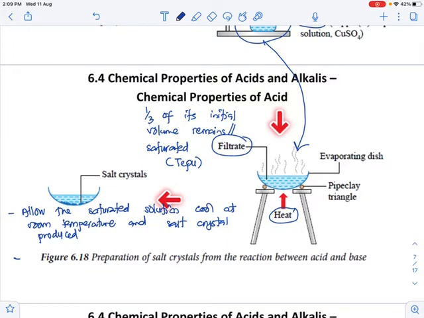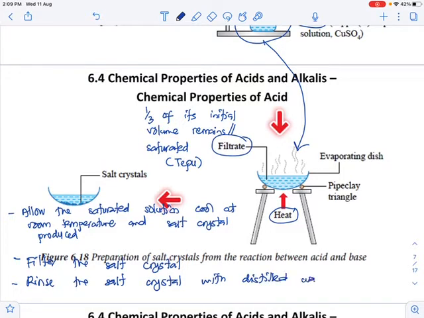filter the salt crystals. After filtering, rinse the salt crystals with distilled water.